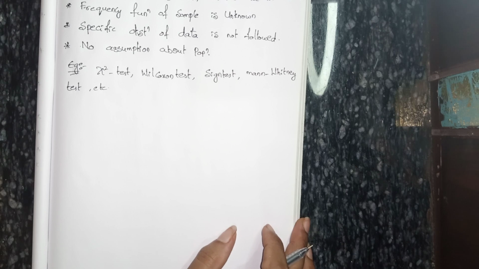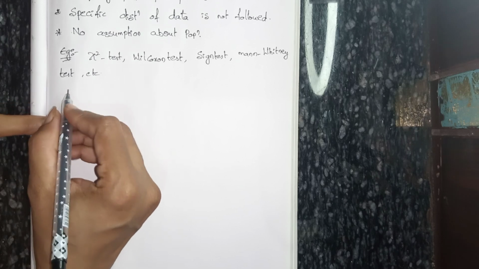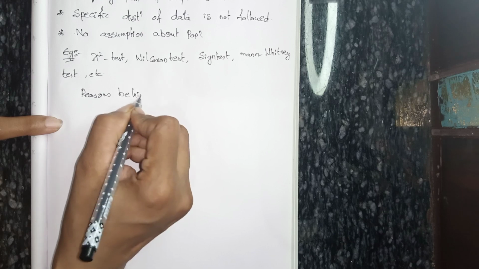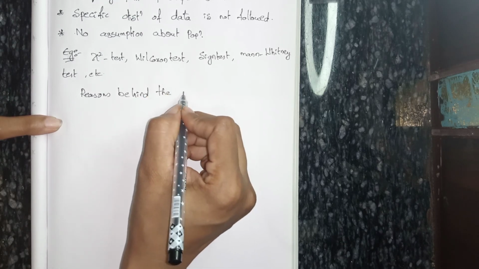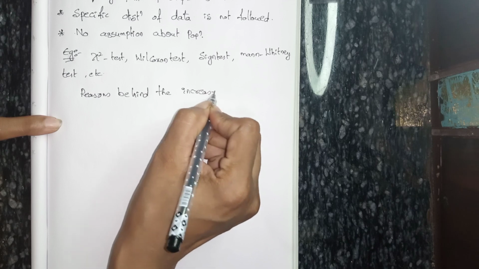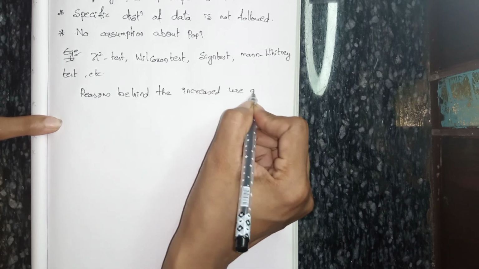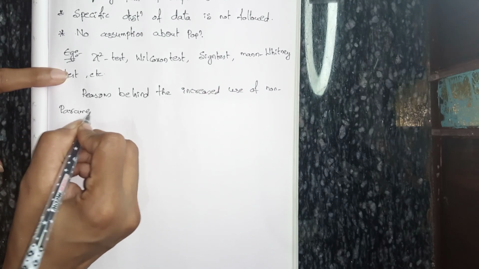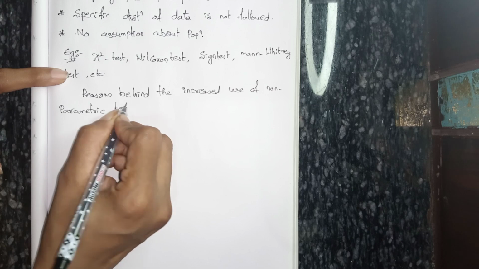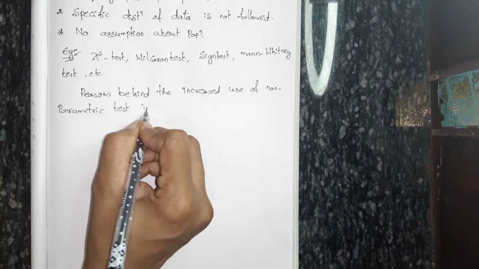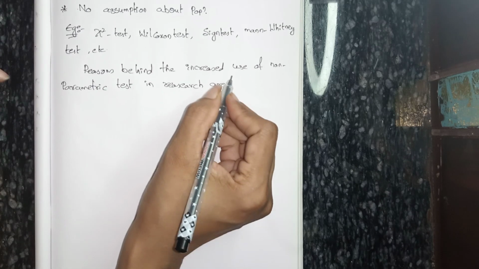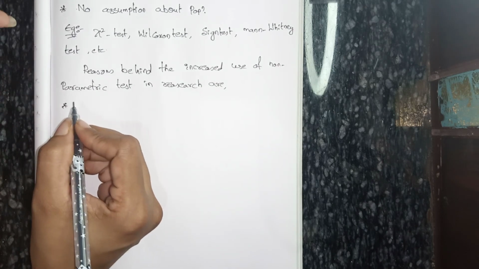one of the main reasons why most researchers use non-parametric tests. So, the reasons behind the increased use of non-parametric tests in research are: the first one, they are easy to calculate.